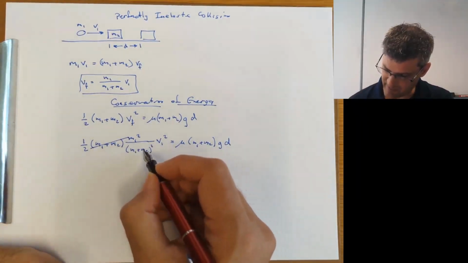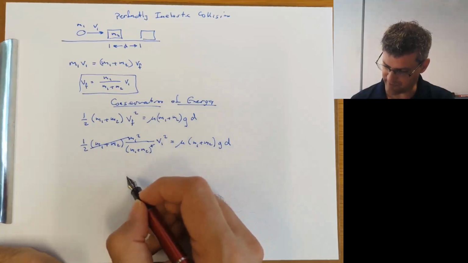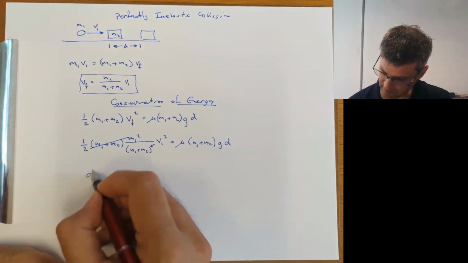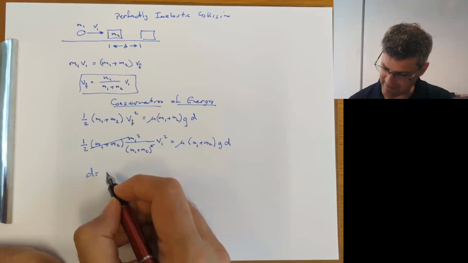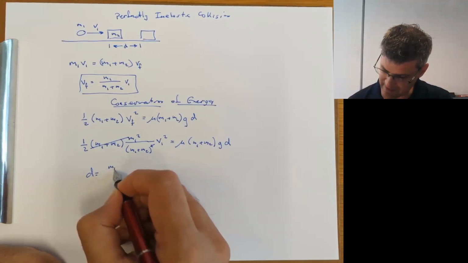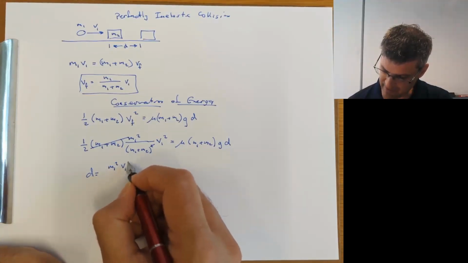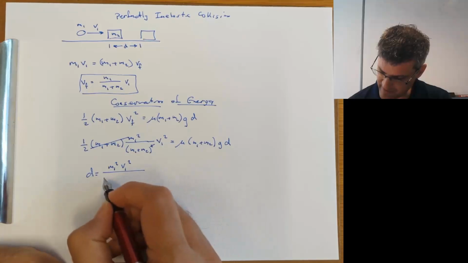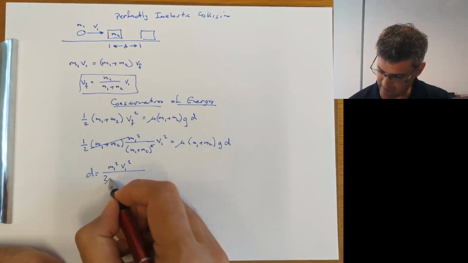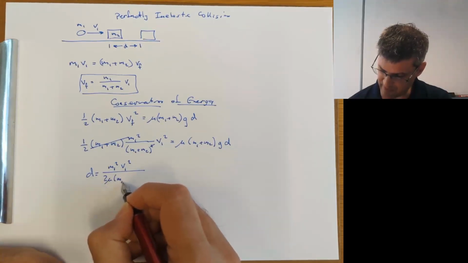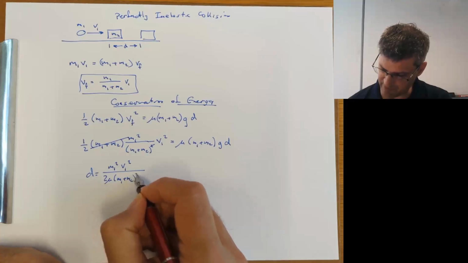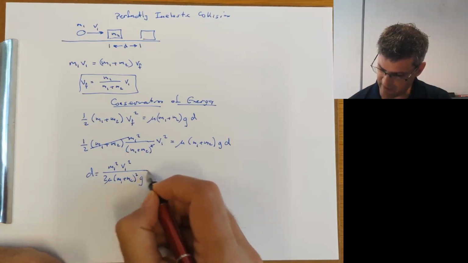So one of these m1 plus m2's cancels with this one, and solving algebraically, d is going to be m1 squared v1 squared over 2 mu (m1 plus m2) squared g.